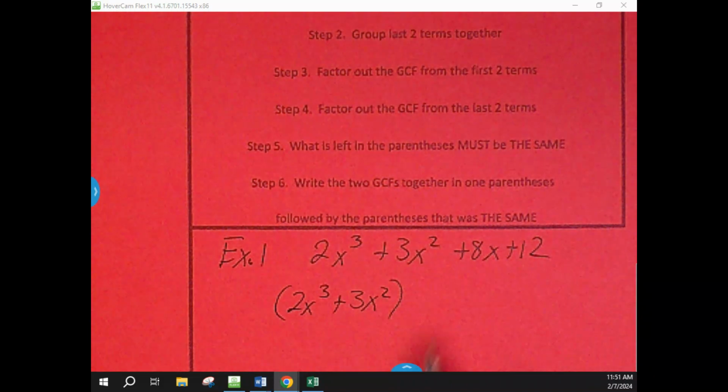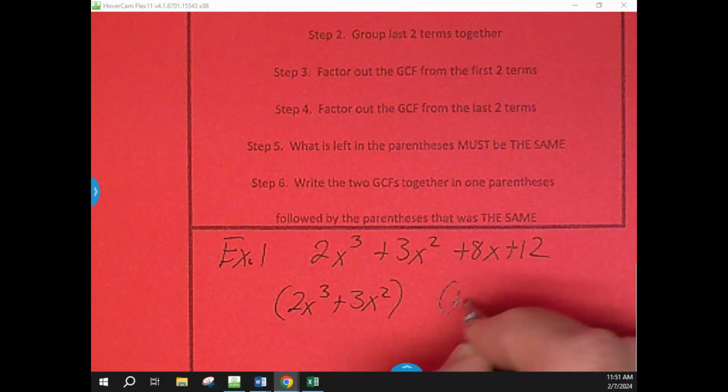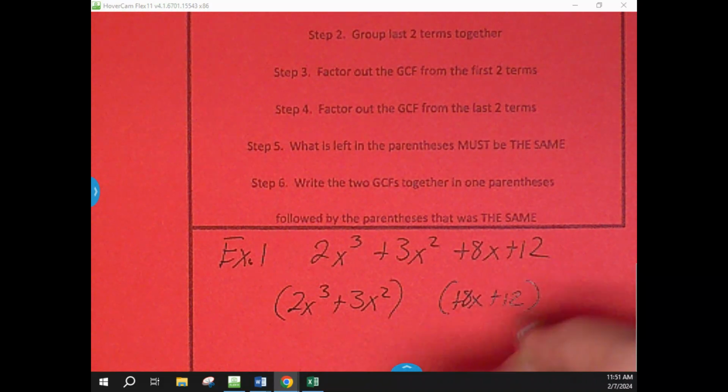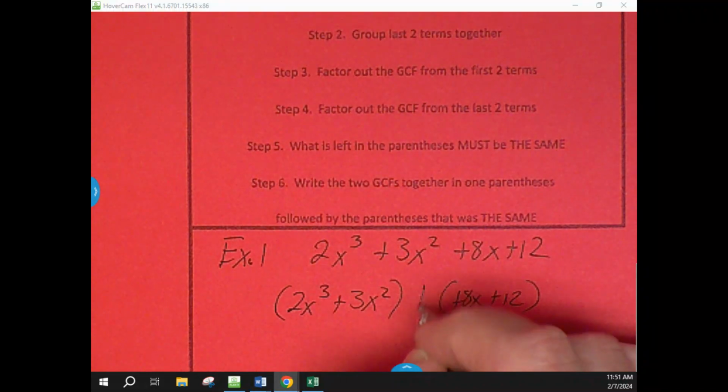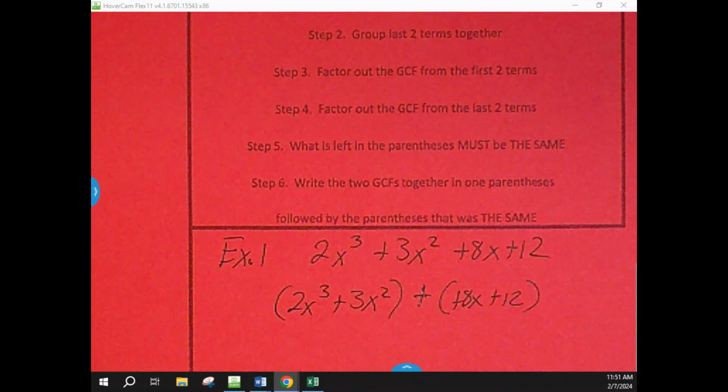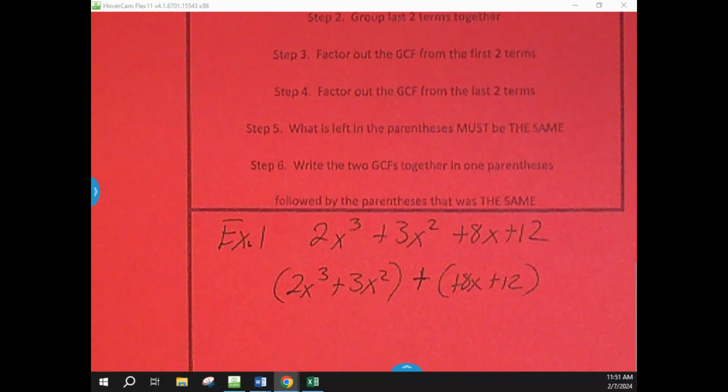You're going to put the plus 8x and the plus 12 together. One thing I always put on the side, and forget about, is that if you group these 2 together, you always want to put a plus in between those 2 groups.